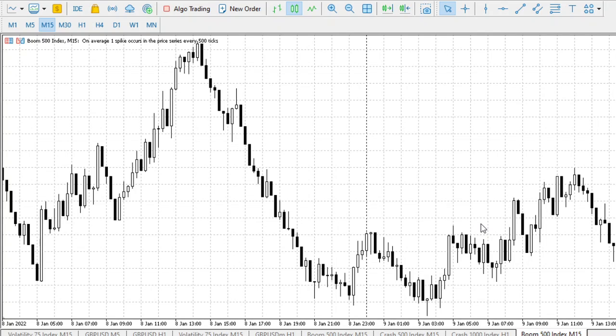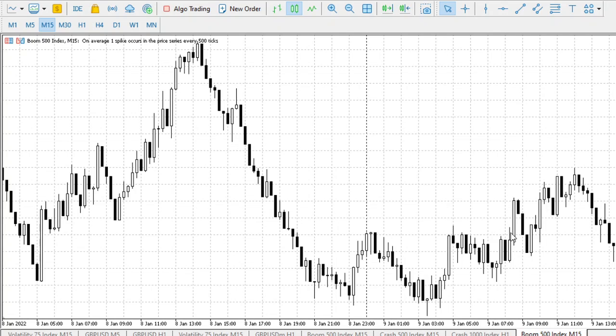So I want you to note something very interesting when trading Boom 500. As you can see, we have an uptrend here. Then the market went for a retest, so it was a break and retest. It breaks this neckline here, then it rested.